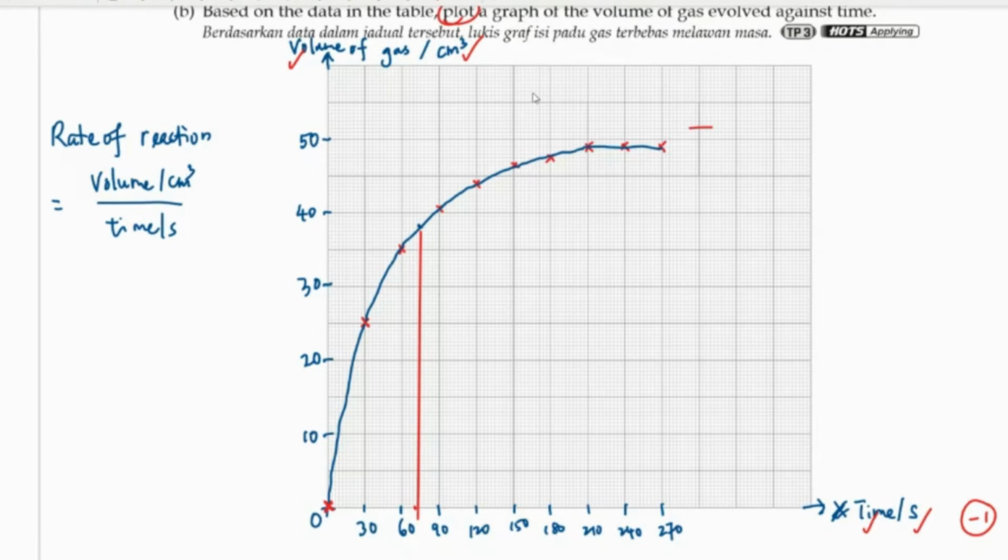So maybe I extend it here. Okay, the tangent cannot go in, cannot go like this. So roughly here. Touch the point there.